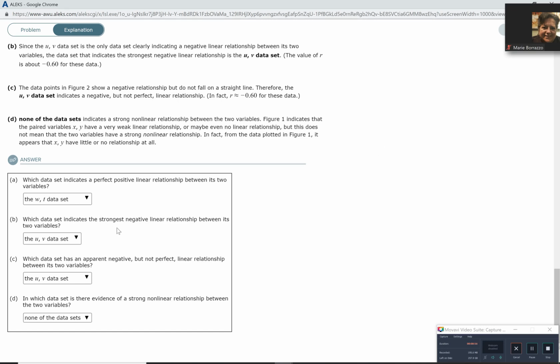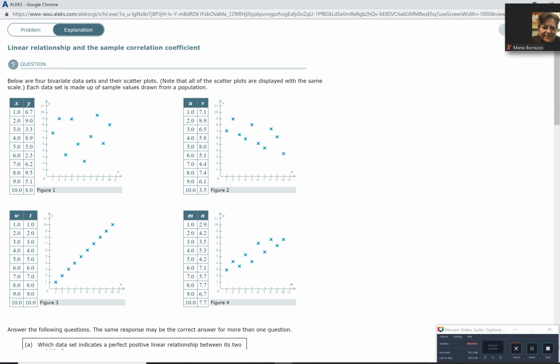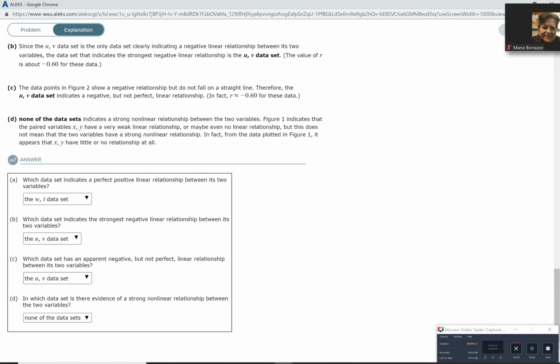Which data set indicates the strongest negative linear relationship? Strongest negative. Okay, so as far as negative relationships, there's only one. It's the UV. It's not necessarily so super strong, but it is the only one that's present. So it wins. The UV is your answer for that one.